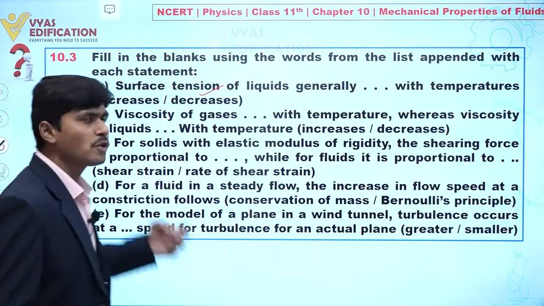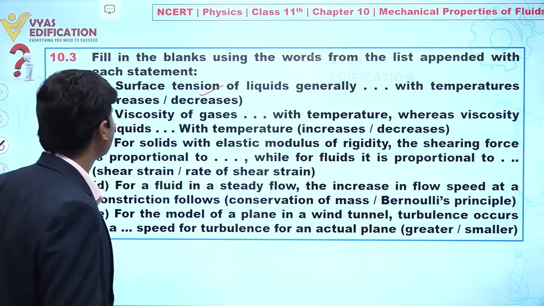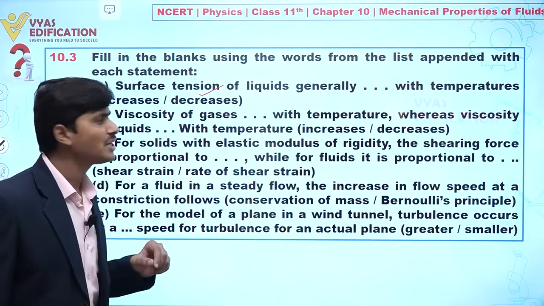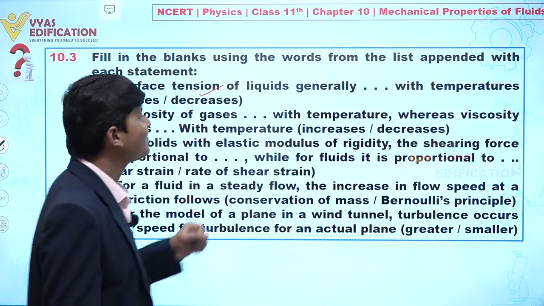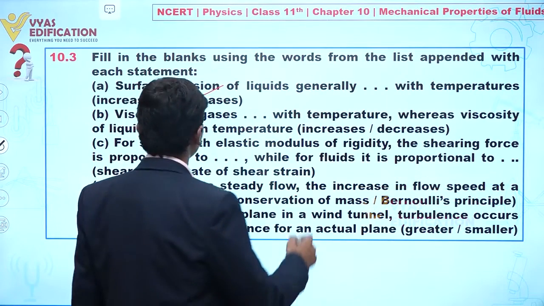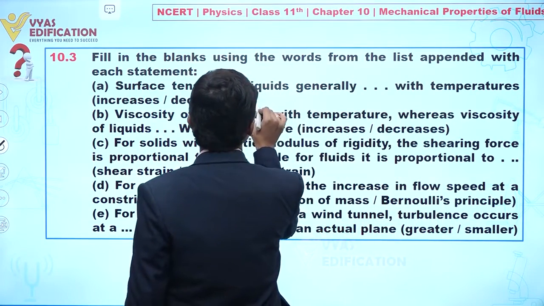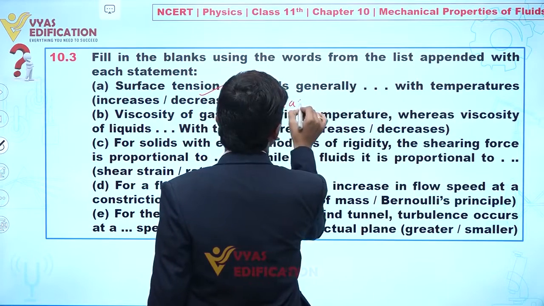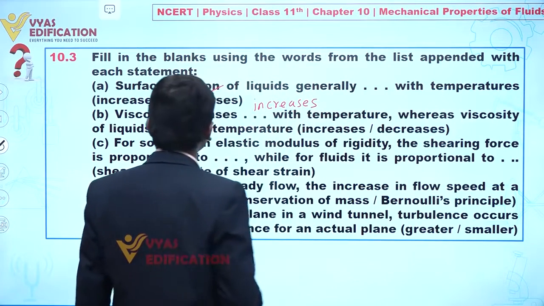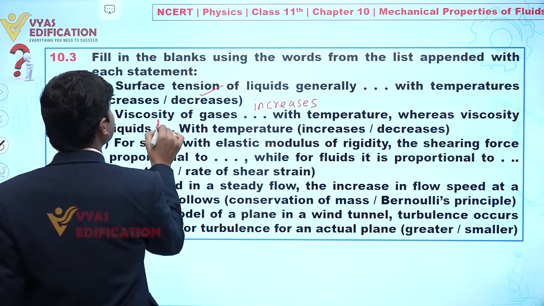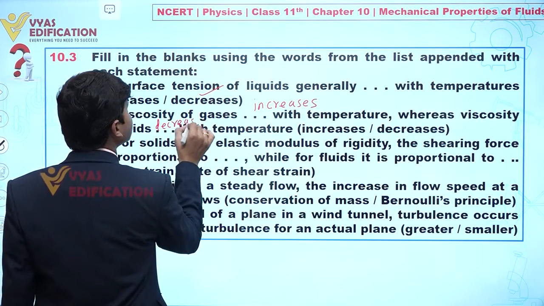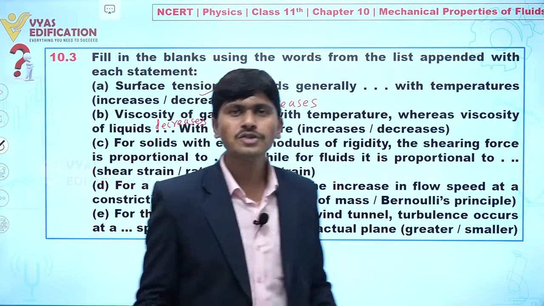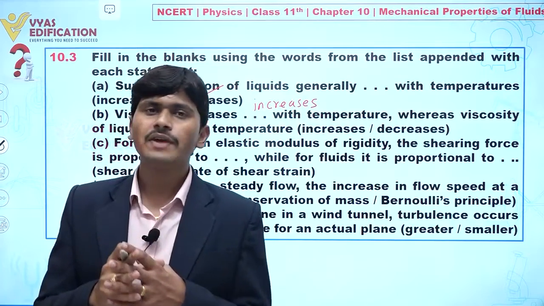Now part B: the viscosity of gases increases with temperature, whereas the viscosity of liquids decreases with temperature. Why is this happening?